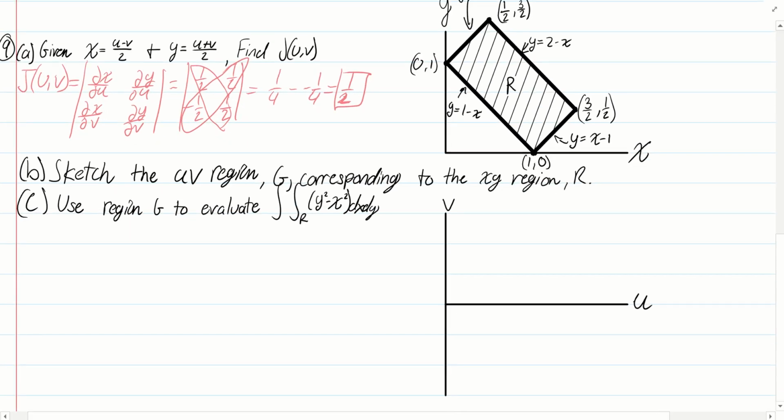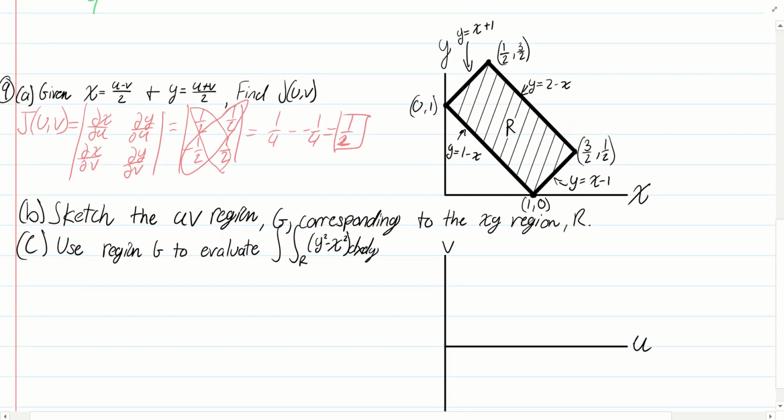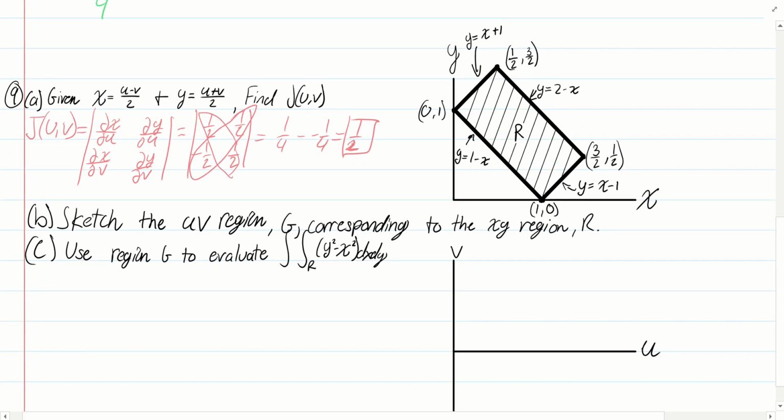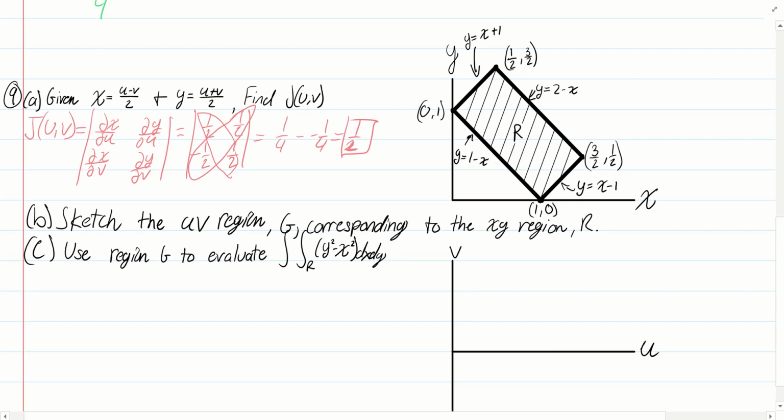So now we need to sketch the UV region. In order to do this, we sub in our x and y into each of these equations here. So we're going to take equation 1, this is 2, 3, 4.